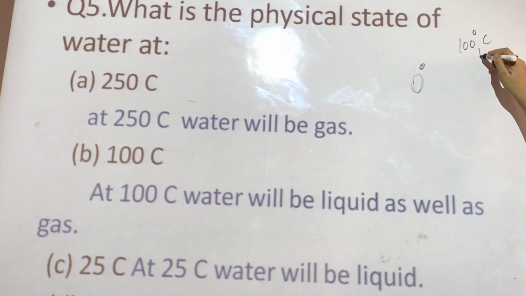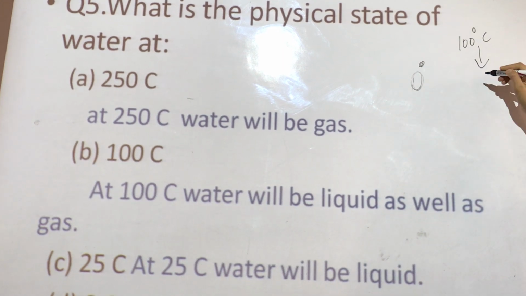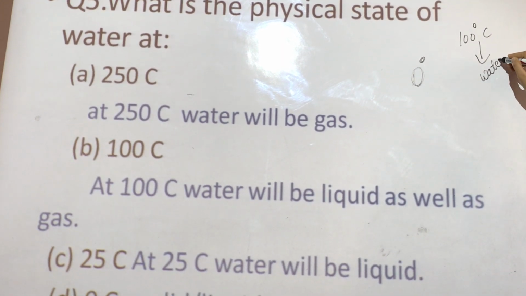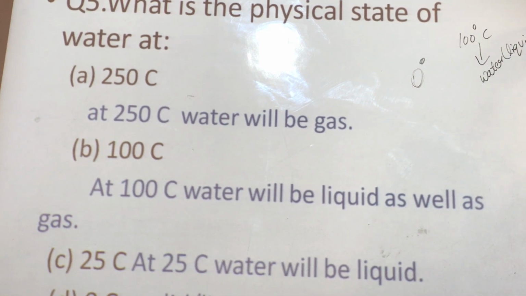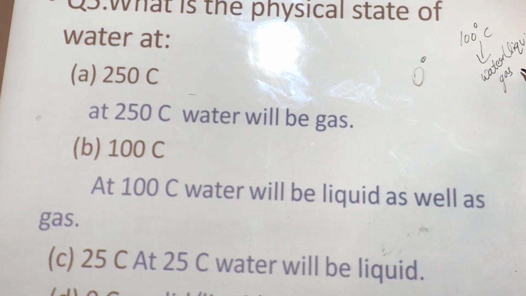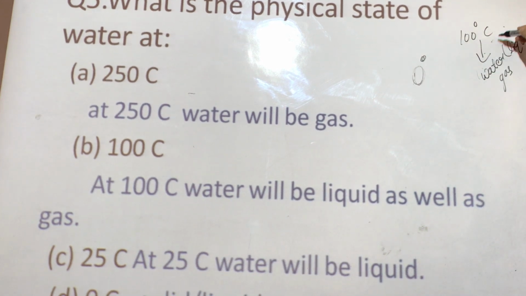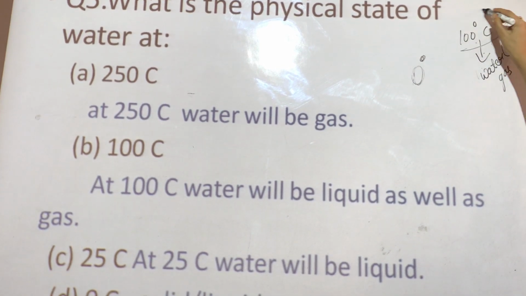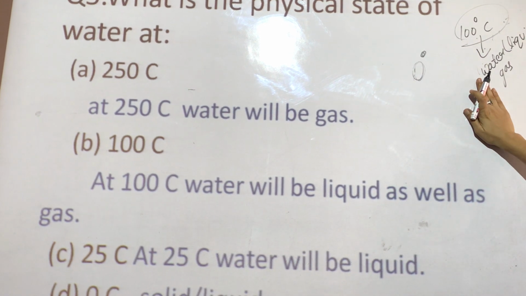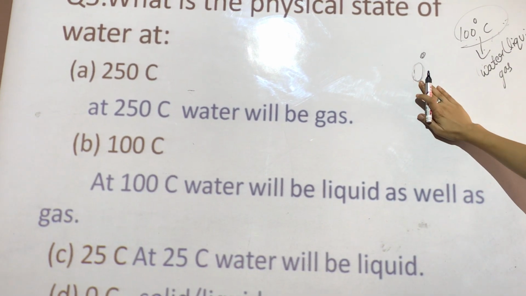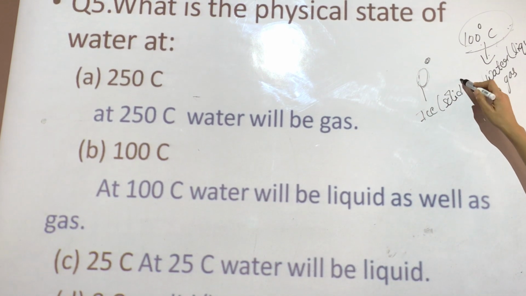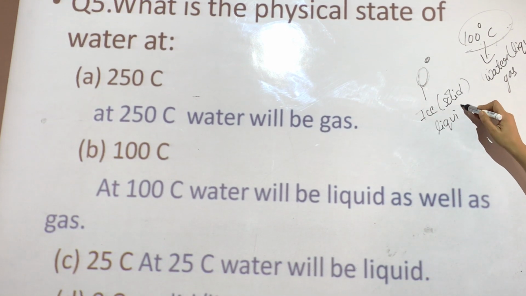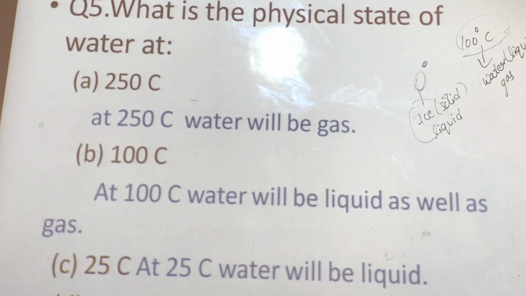At 100 degrees Celsius, water is in liquid as well as gas state, because it starts converting into vapors from this point. At 0 degrees Celsius it is ice, that is solid, and liquid also, because it starts melting. So it consists of both states, right?